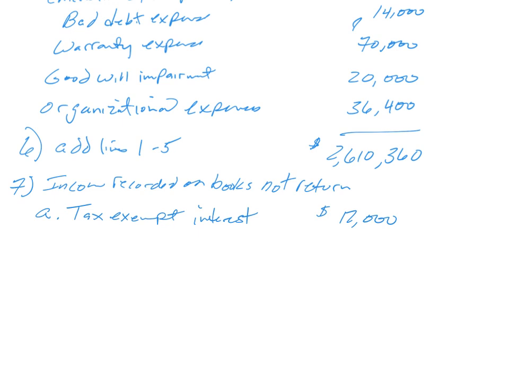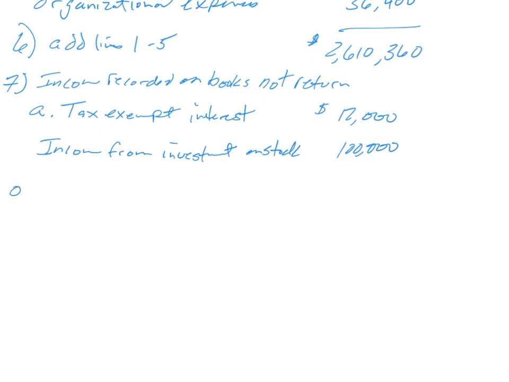We had some tax exempt interest, and then we had our equity method income of $100,000. All right, and then 8 is deductions on this return.